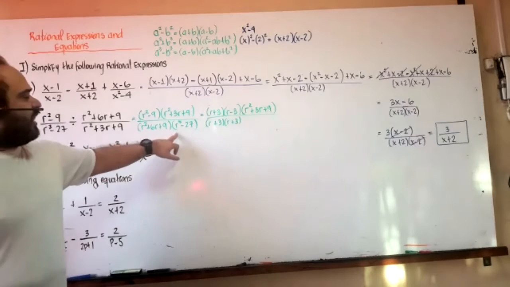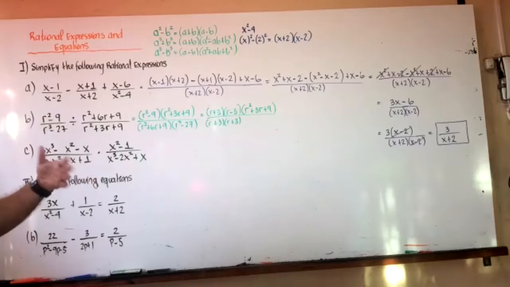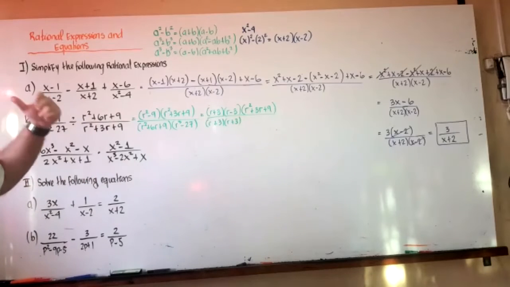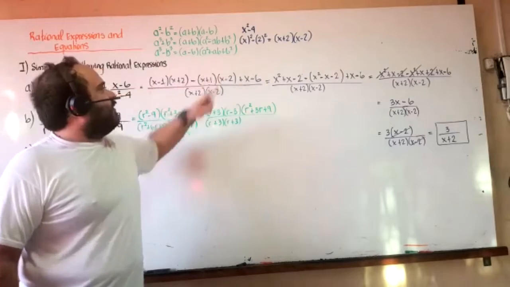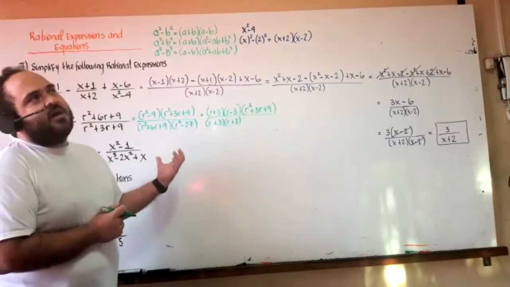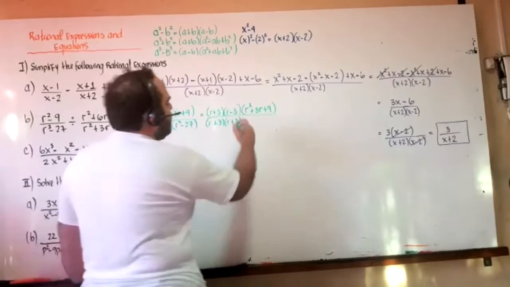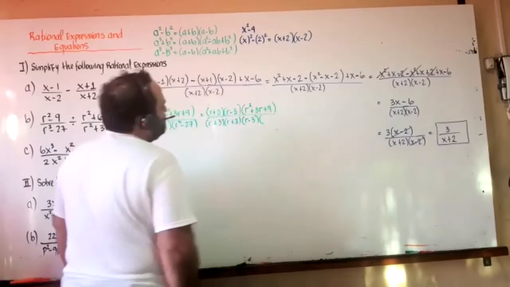And finally, r cubed minus 27, or another way of saying it is r cubed minus 3 cubed, because 3 times 3 times 3 will be 27. Let's apply this formula, a cubed minus b cubed. A will be r, b will be 3. So we get r minus 3. And let's apply the rest.